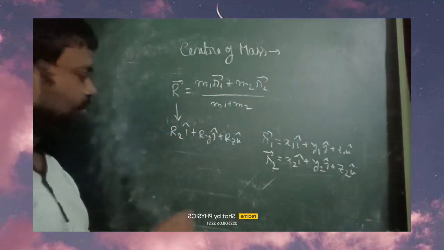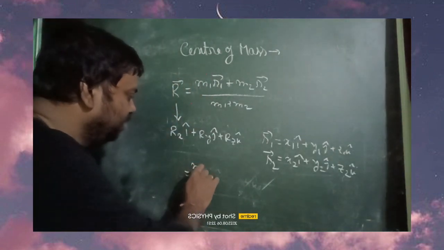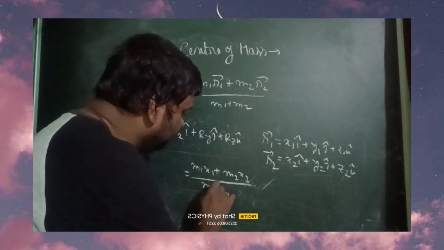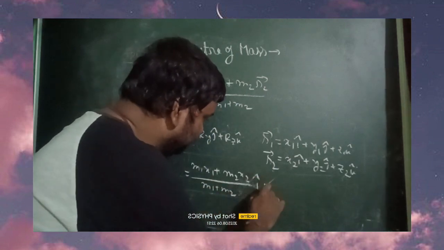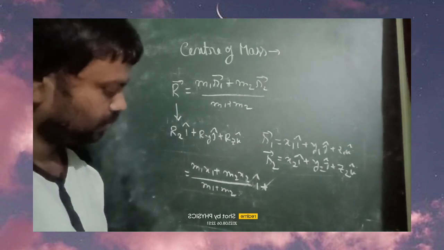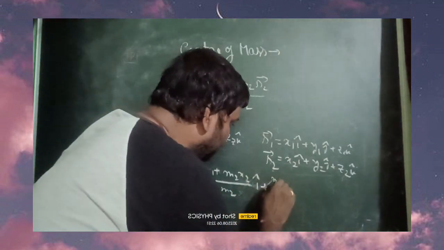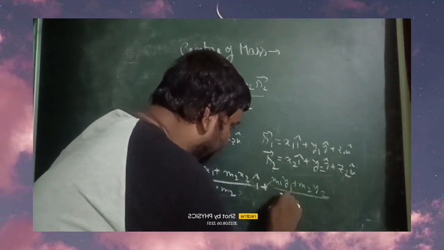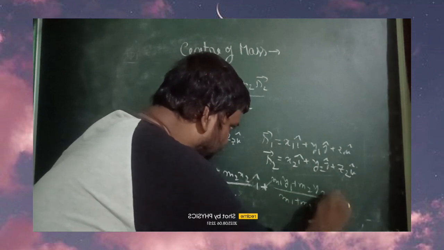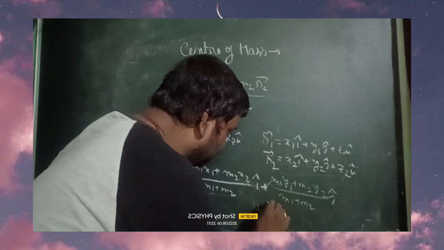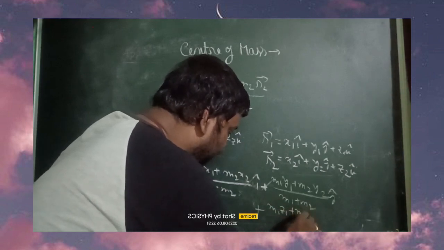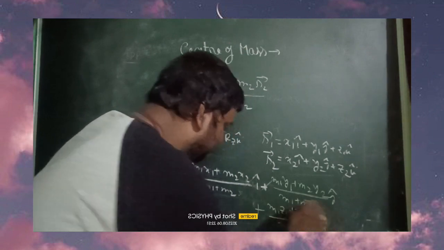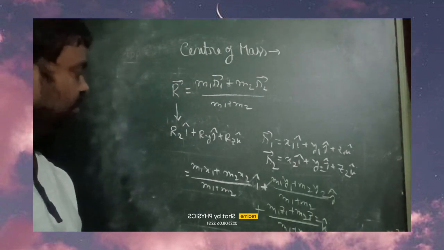Now putting it all together in that equation, we have (m1 x1 plus m2 x2) by (m1 plus m2) i hat plus (m1 y1 plus m2 y2) by (m1 plus m2) j hat plus (m1 z1 plus m2 z2) by (m1 plus m2) k hat.